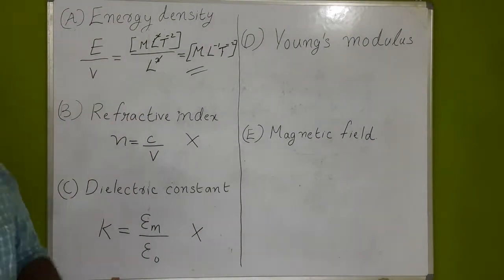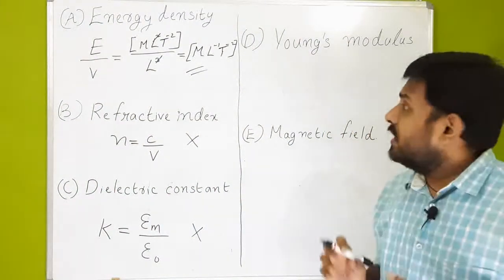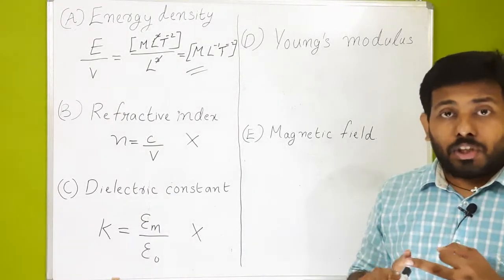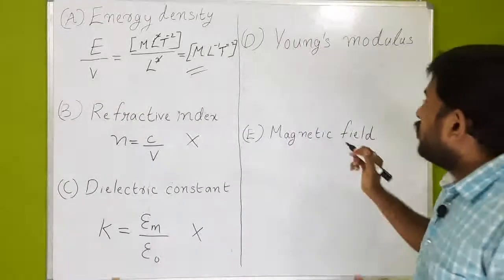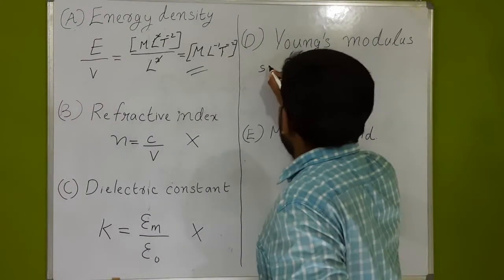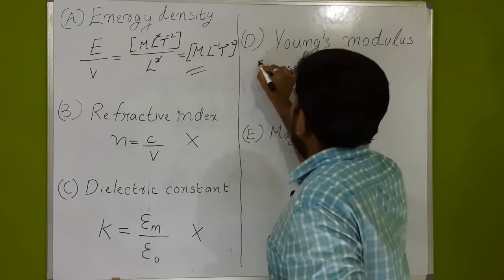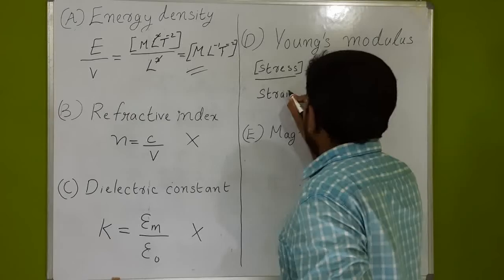The next is Young's modulus. Coming to the modulus of elasticity, we have Young's modulus, bulk modulus, shear or rigidity modulus. So whatever be the modulus of elasticity, it will be having the dimension of stress by strain.